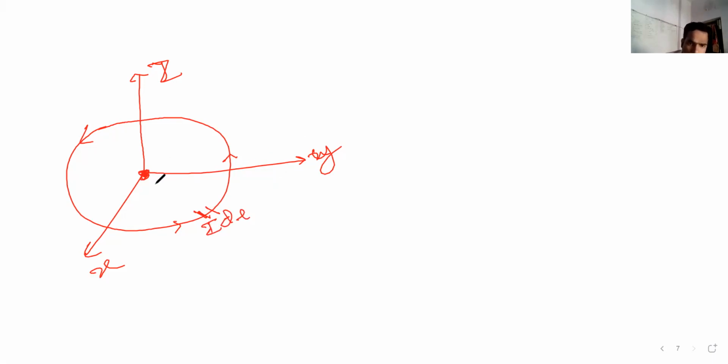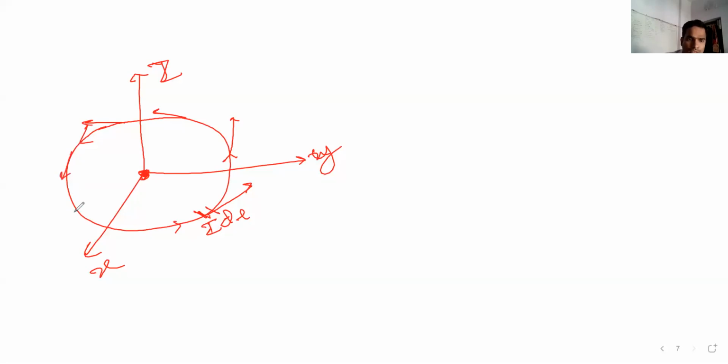Now, what is the direction of dl bar here? It will be tangential, right? At every point, if you see, the direction of dl bar will be tangential.